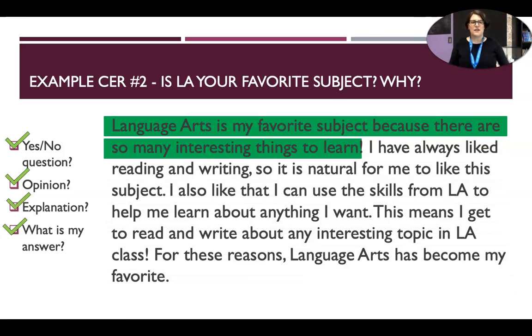And again, I can then go on and complete my CER from that, but I have my claim sentence highlighted in green, so it's very clear what my response is and that I have it fully answered. And if I go back and I only had that one sentence there again, you would still have a full answer. It just wouldn't be thoroughly explained quite as well.